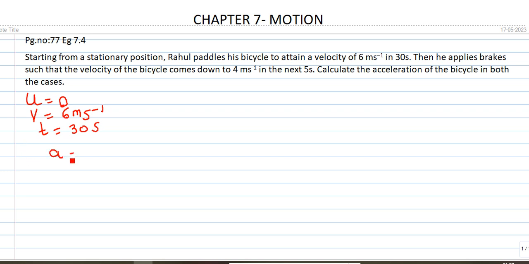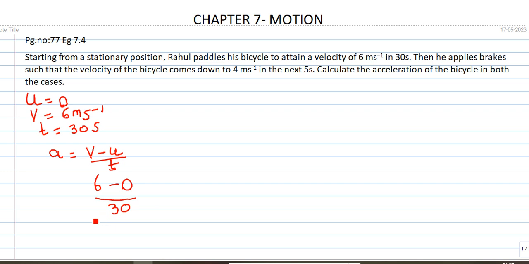The formula to be used is a equals v minus u by t. So we have v, u and t. So v is 6 minus 0 by 30.